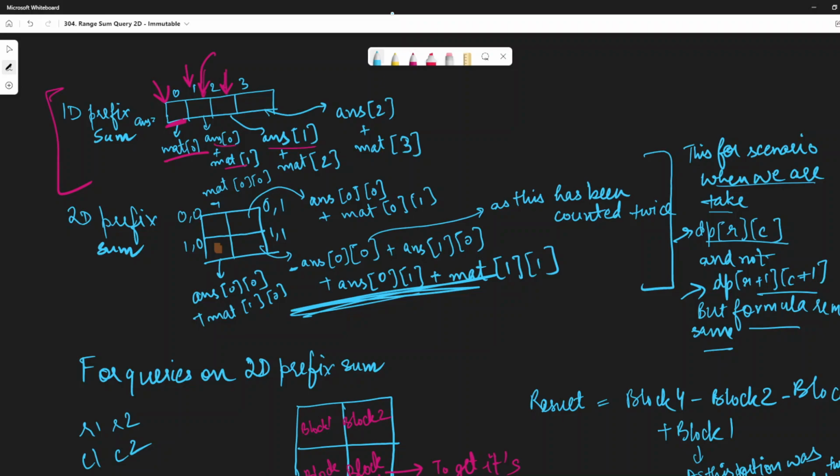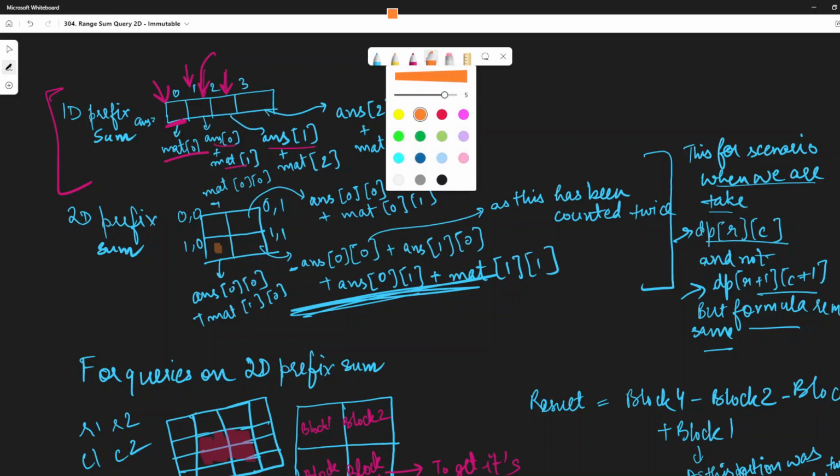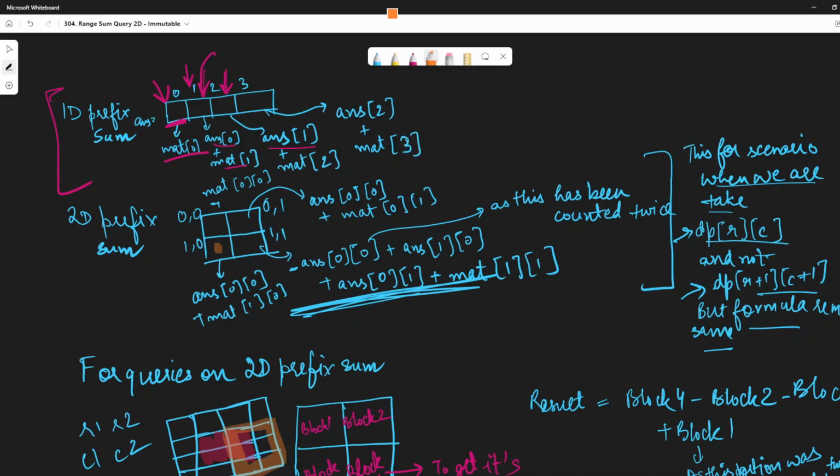Because here I am taking this 4 block, but there could be a block something like this, means a much bigger one. So then we could be calculating for this particular portion, or we might be calculating for this particular portion. Yes, any particular scenario could be there.